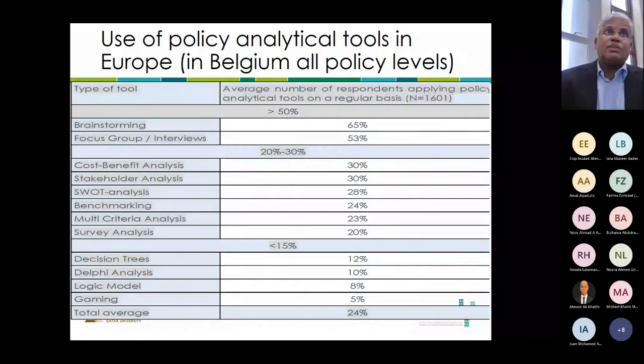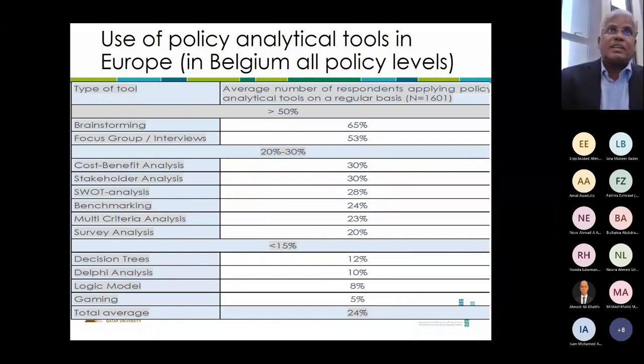I'm starting with examples of different kinds of policy analysis used in the European context. This is also the case in the OECD countries; this platform of analysis has been used. This is a study based on policy analysts and policy makers in Belgium.